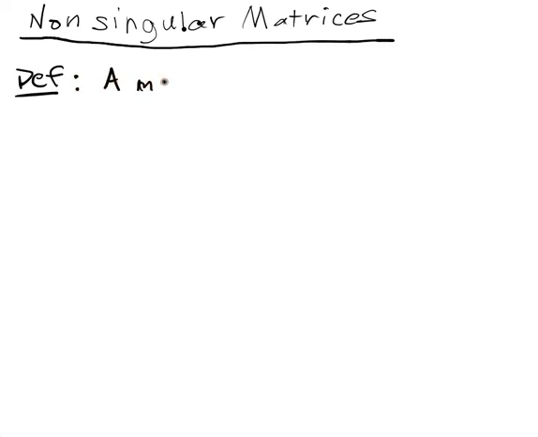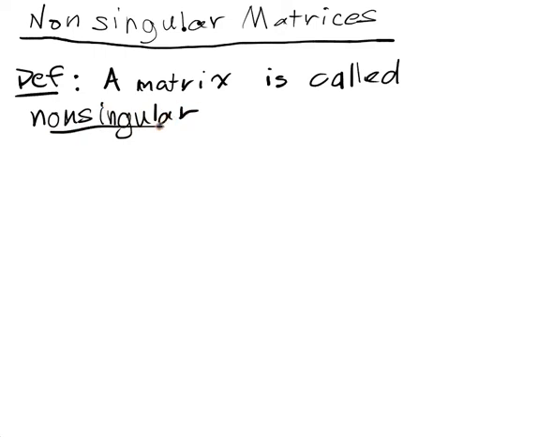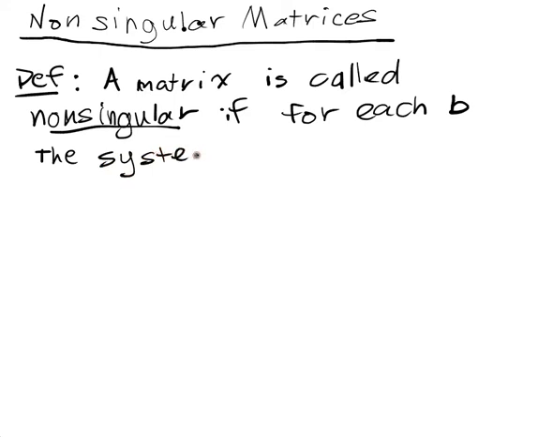A matrix A is called non-singular if for each B, that is augmentation B, the system A augmented with B has a unique solution.